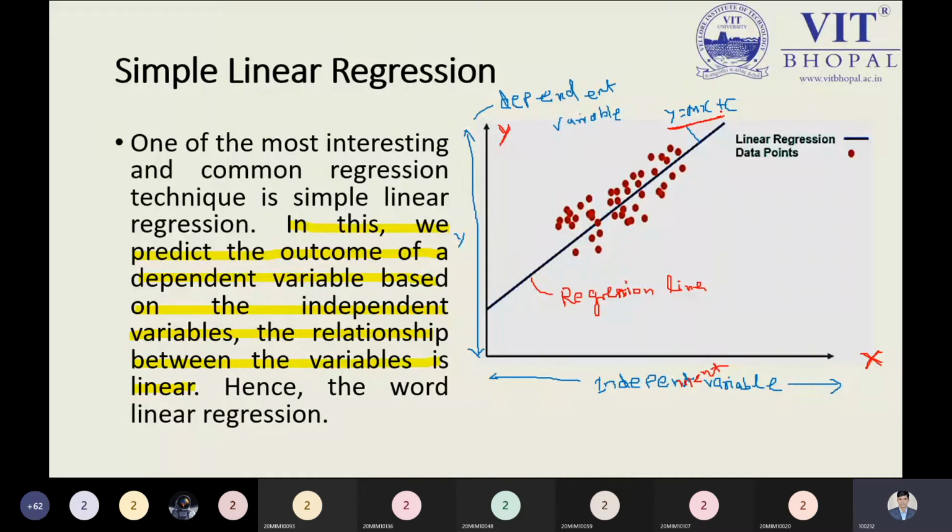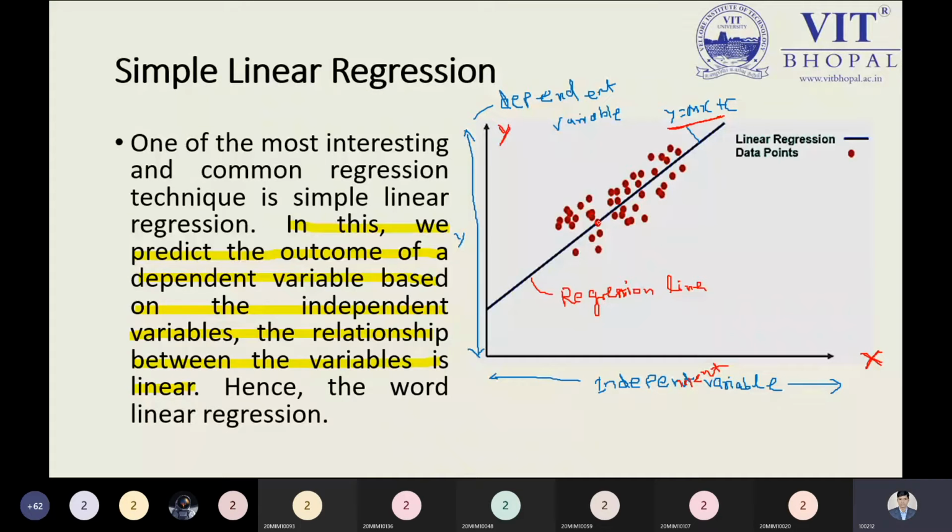The data which are plotted on the line are known as the best fit data. I will tell you step by step. You can observe that this data is plotted on the line.